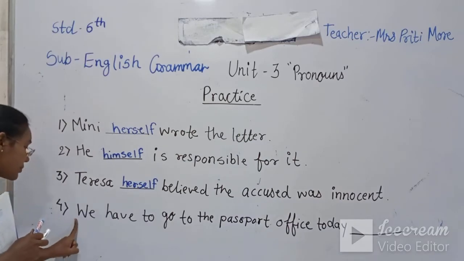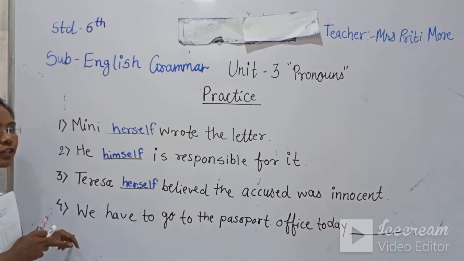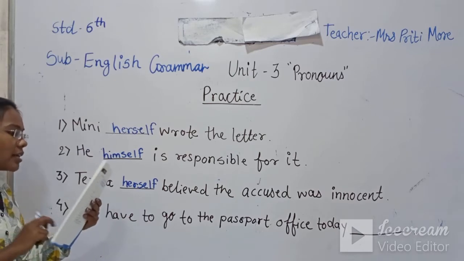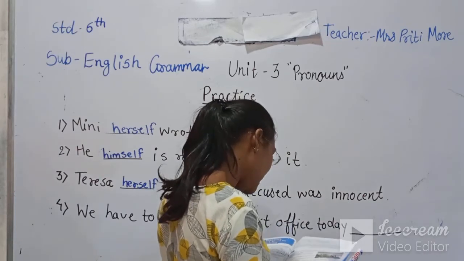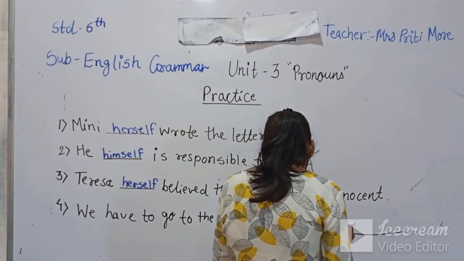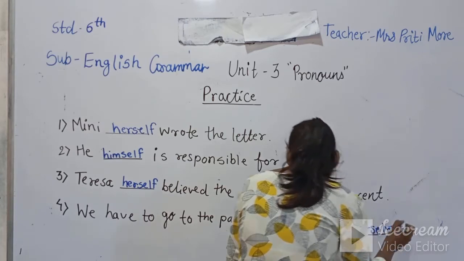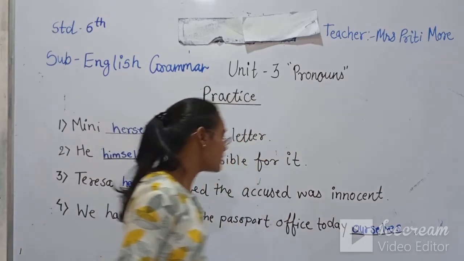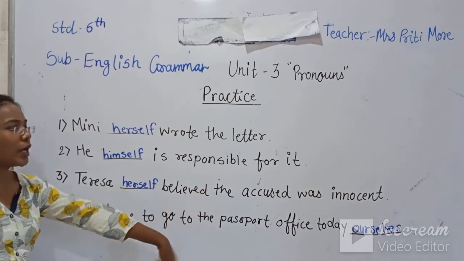Now we means first person, and for we, which reflexive pronoun do we use? Ourselves. So what will come in the blank space? In the blank space we'll use ourselves. We have to go to the passport office today, ourselves. This is the first person, and for we we use the reflexive pronoun ourselves.